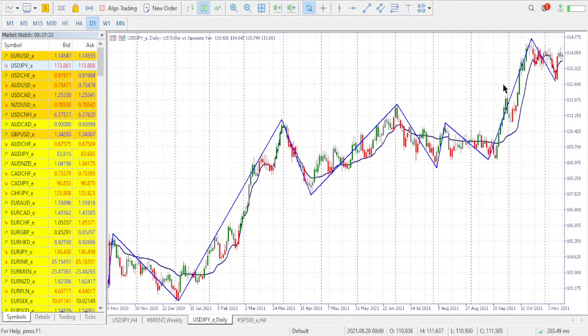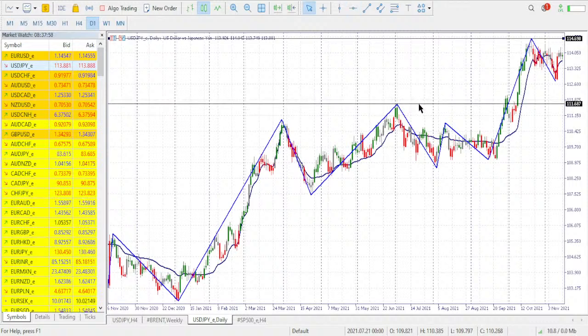So basically, if the price can break beyond this level, 114.698, if the price can go and close above that level, then that will mean we are now continuing to the upside. So unless the price is above this point, we are going to be waiting for price at this level here.